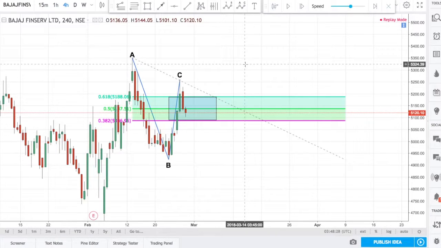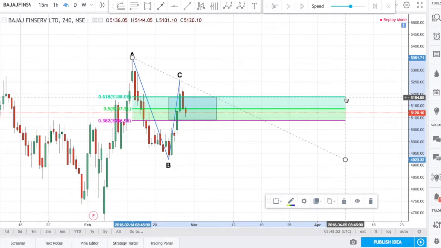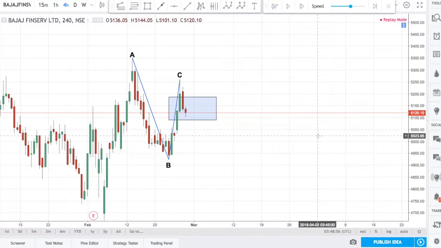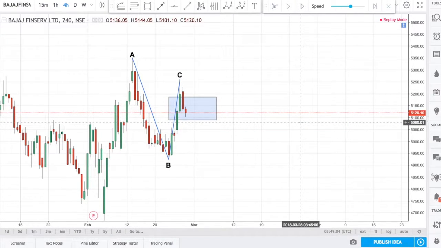In most cases, the BC leg terminates in between the 0.382 and 0.618 zone. In some cases, it might extend a little bit further. In this case too, it extended a little bit, but still within our zone.